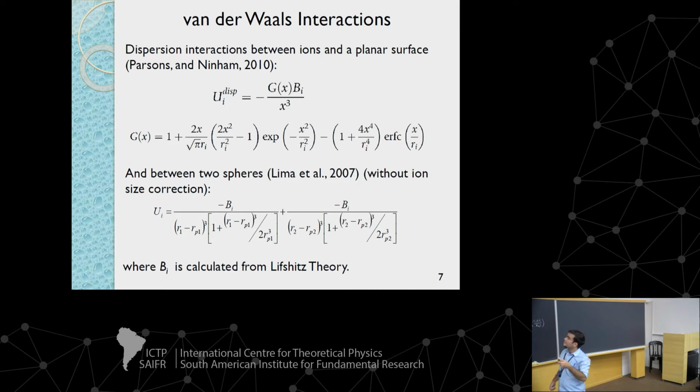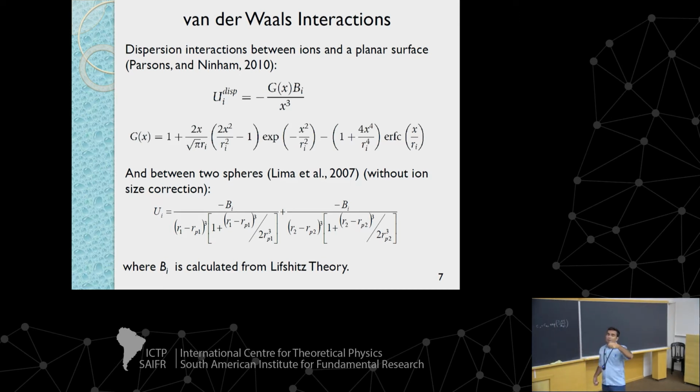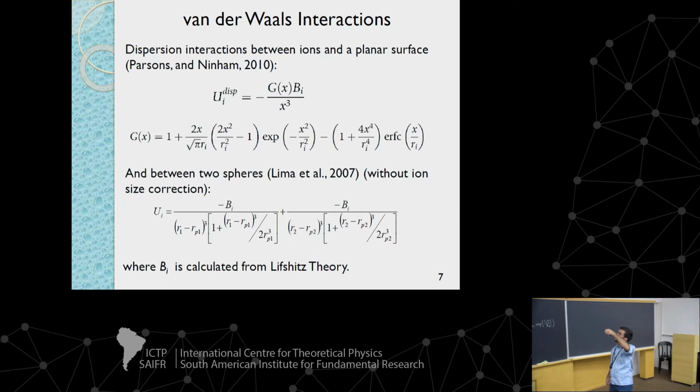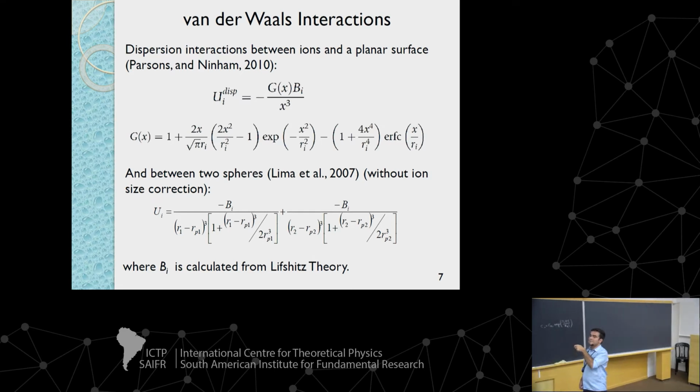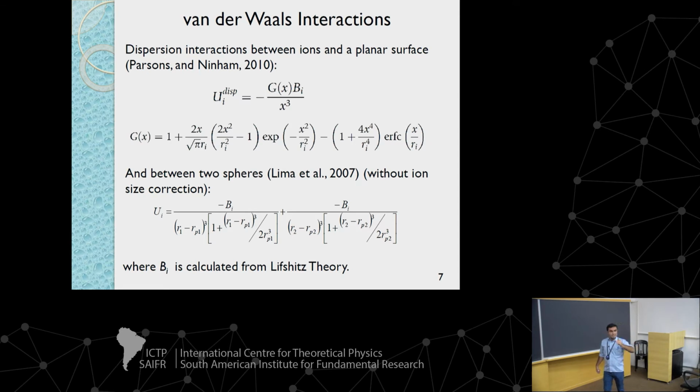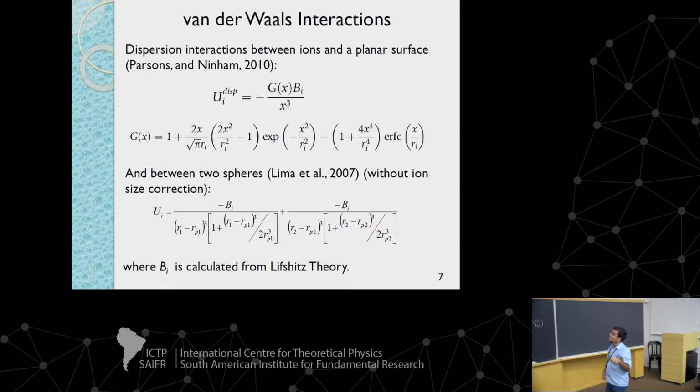And just to check for other geometries, if we have, for example, bispherical coordinates that I will show you tomorrow, we can write this one. So this is the same B_i, the same kind of dispersion coefficient that is calculated, for example, from Lifshitz theory, that considers the polarizability of the ion and also dielectric constants of each medium.